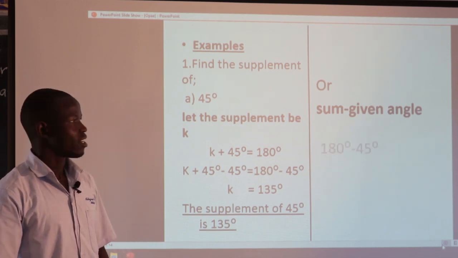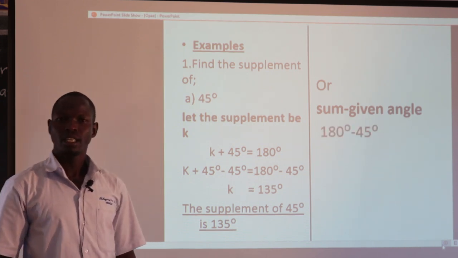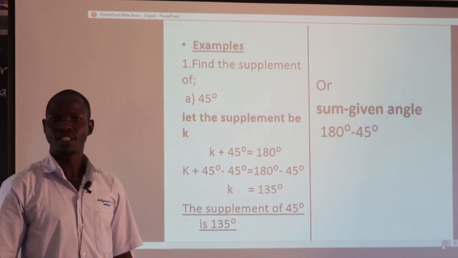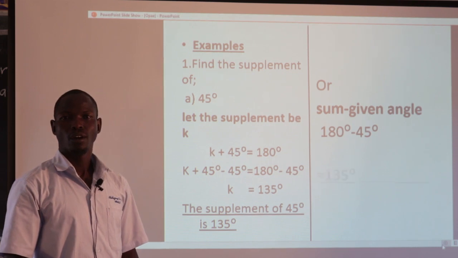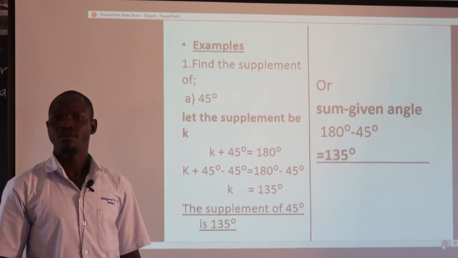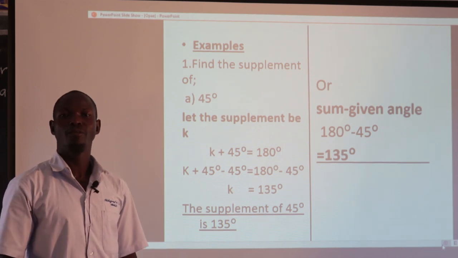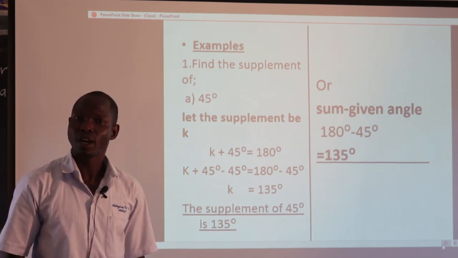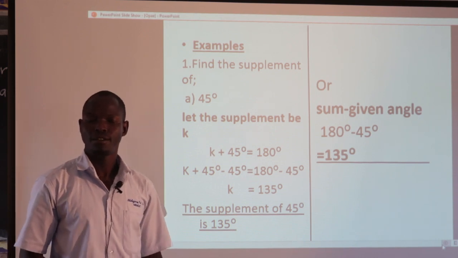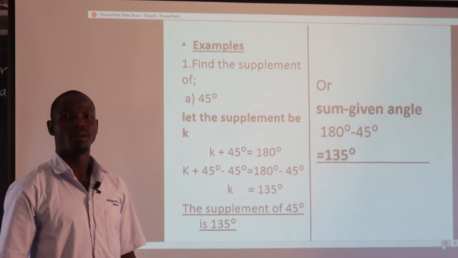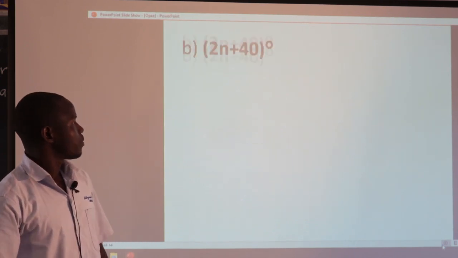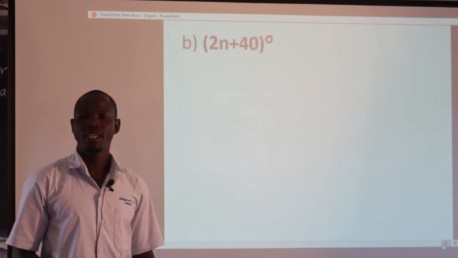Substituting, the sum of supplementary angles is 180 degrees, minus 45 degrees. Subtract vertically. Although I have subtracted horizontally, for you as a child, to avoid losing even one mark, subtract vertically and get the answer to be 135 degrees.